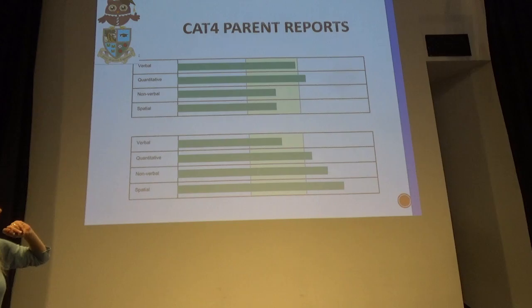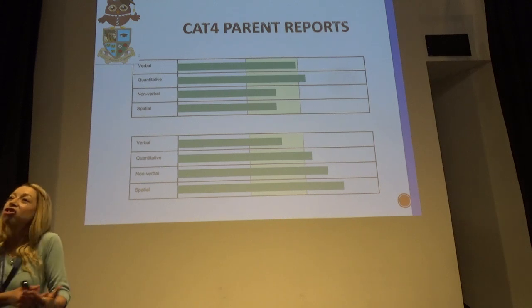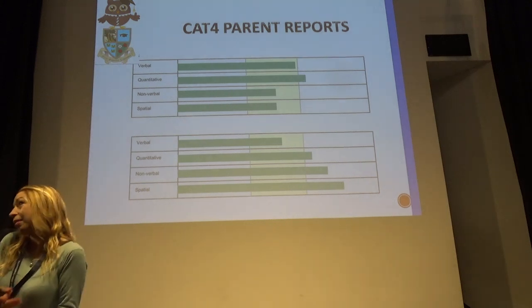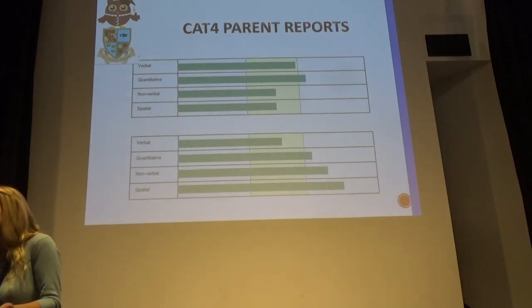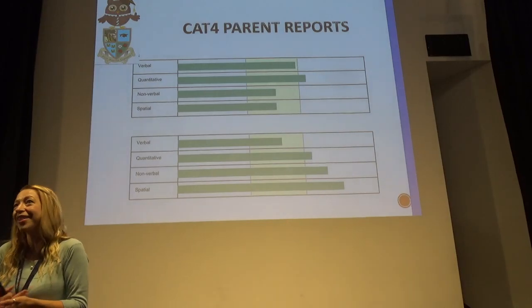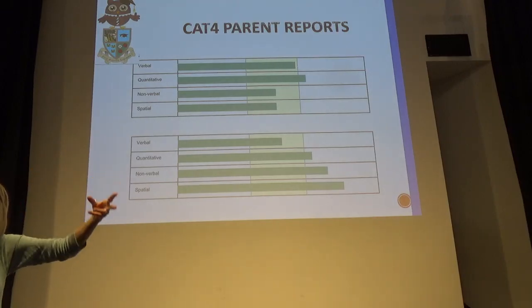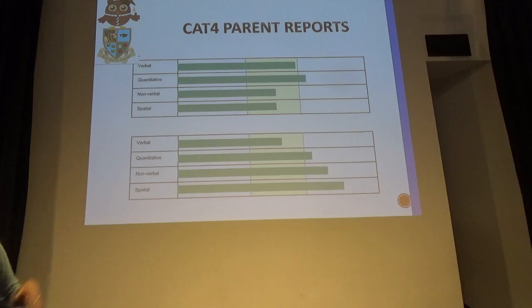The one at the top is more of an even profile. They are slightly above average for their quantitative ability, so that might relate to their maths. They may enjoy maths slightly more, because children tend to enjoy subjects that they're good at. So this child may slightly more enjoy maths, particularly number, but they are an even profile really of average ability across each of the areas.